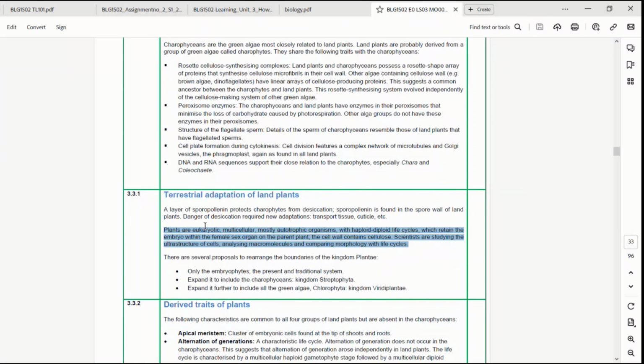So watch out for this. There are several proposals to arrange the boundary of the kingdom Plantae. The present traditional system was expanded to include the charophytes, and expanded further to include the green algae in the kingdom Viridiplantae.